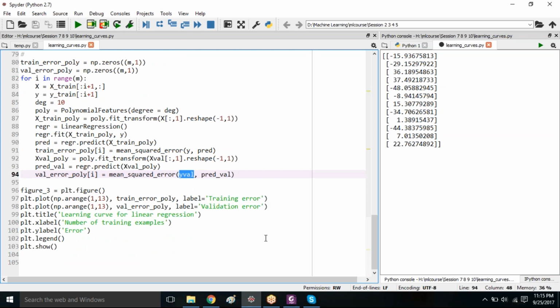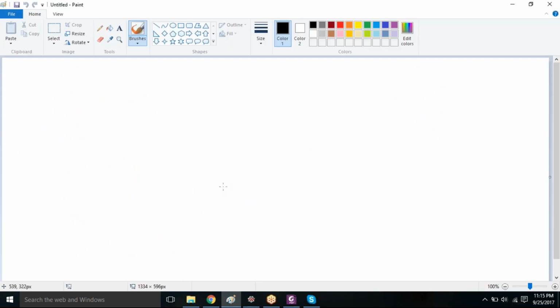What extra step you have to do here is, just see, when you are fitting a degree 1, what is your equation? Theta naught plus theta 1 x1, isn't it? Now when you are fitting a degree 10, what will be your equation?